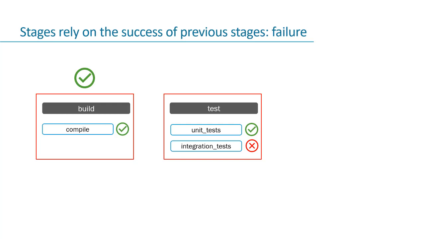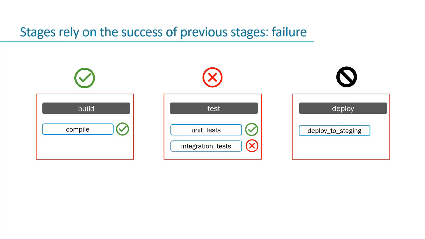What happens here? Do you think that the deploy stage should actually run? Do you think we should actually deploy our software even if the integration tests fail? I do not think so. So if a stage fails, then the next stage is not actually going to run. It's just going to be there.